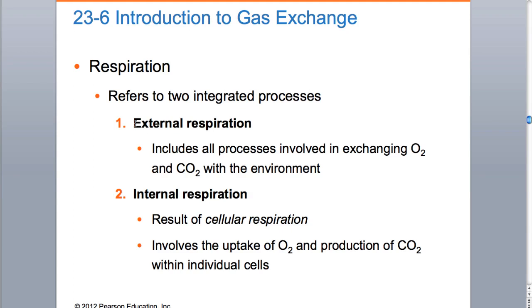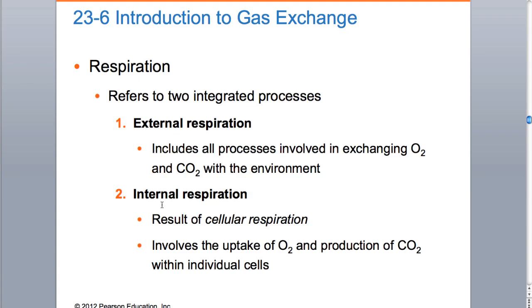Next, we have external respiration. Again, this definition is incorrect for us. So external respiration is the alveoli and the blood relationship. So alveoli and blood is external respiration. The last relationship for me is internal respiration, and that is blood to cells. So the relationship between the blood and the cells is internal respiration.